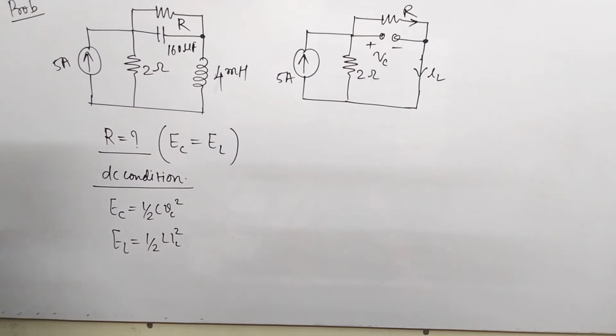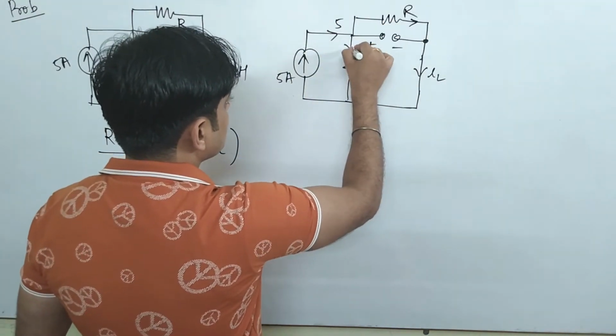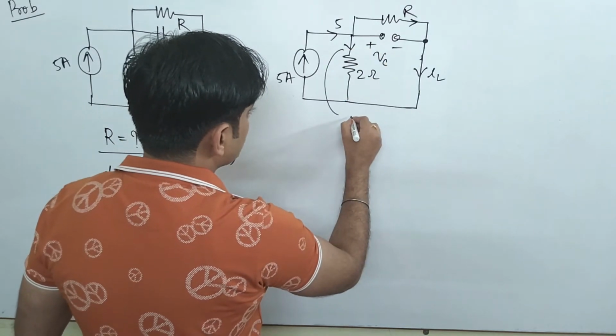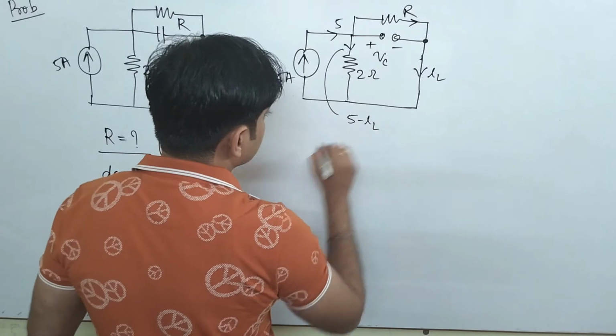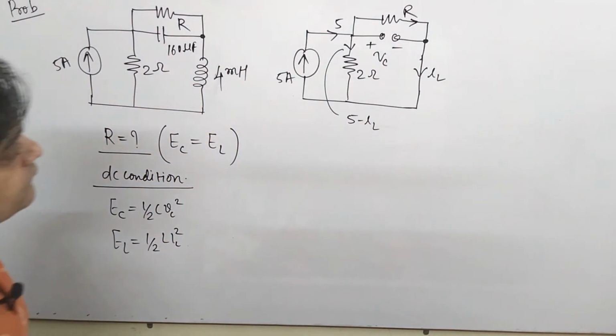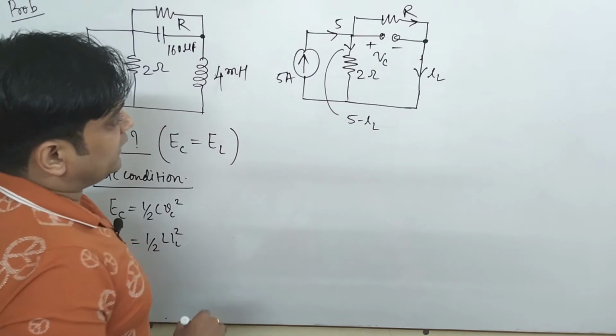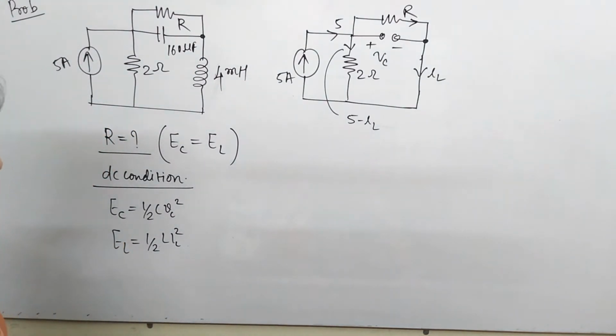The same current will flow here. And this is your 5 ampere and IL is there, so that current comes to be 5 minus IL. So can you find the value of voltage across the capacitor?